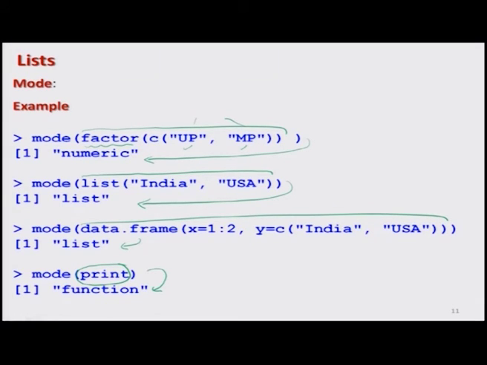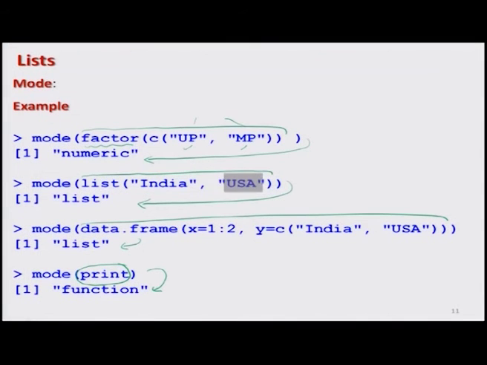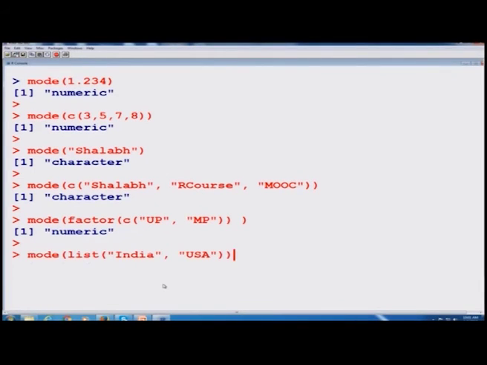Right. So, let us try to do this in the R console and see what happens. For the factor, you can see this is coming out to be numeric. And similarly, for the list, this comes out to be a list.